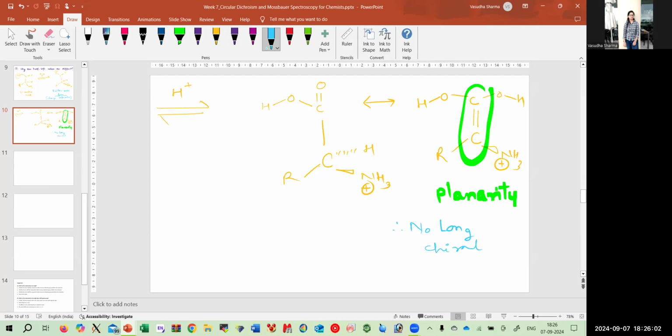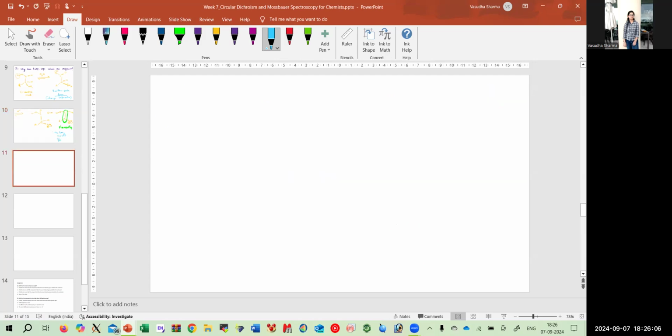Now this becomes again in another form where we are having HO, C double bond O, C attains negative charge, R and NH3 positive.